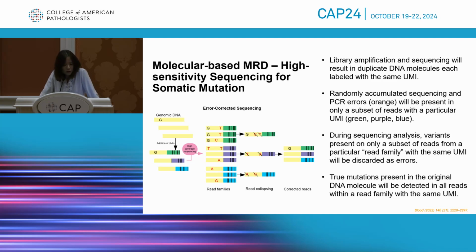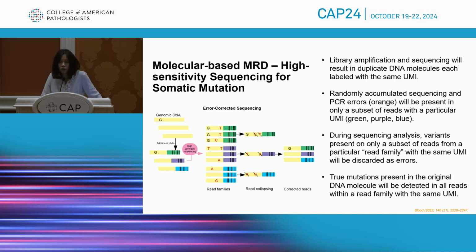So randomly accumulated sequencing errors, which are highlighted in orange, will only be present in a subset of reads within the same color family, because they are just randomly happening during all these reactions. So they are not supposed to happen in 100% of these reads. So when we do the analysis, we're just going to discard all those orange ones that did not show up in 100% of the reads.